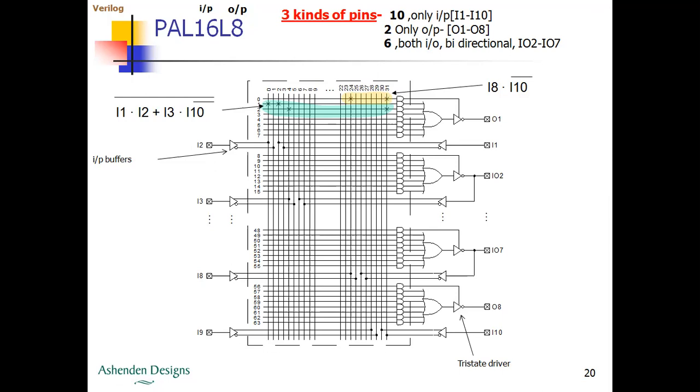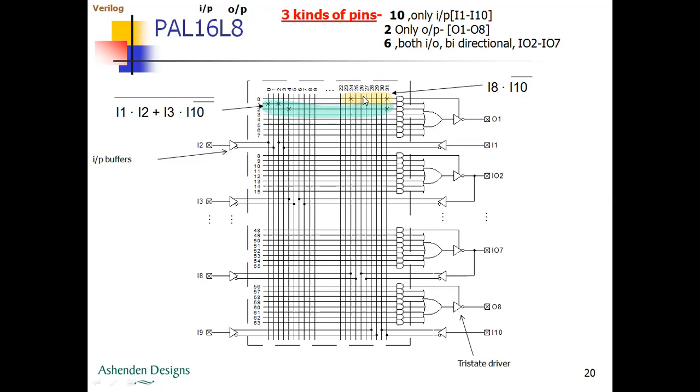Therefore, the X marks seen in the diagram are connected, and wherever the X is absent, they are not connected. These cross marks indicate that those lines have been connected. So we have a connection there, and this connection can be made based upon the expressions we have.